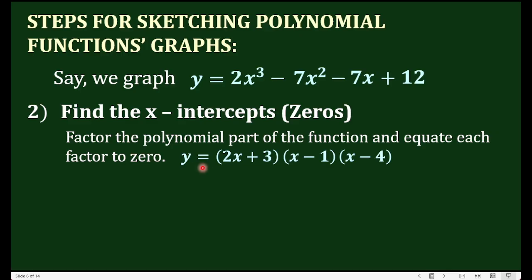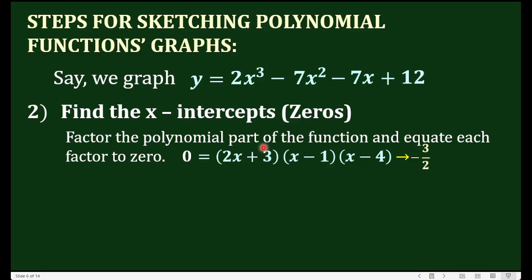And from this factored form of the polynomial function, we set the value of y equal to 0. From here, each factor is equated to 0 and we solve for x from each resulting linear equation in one variable.